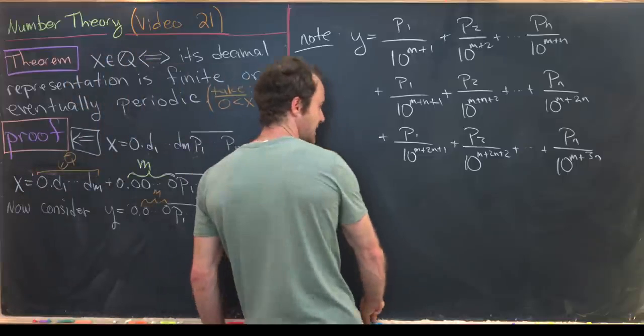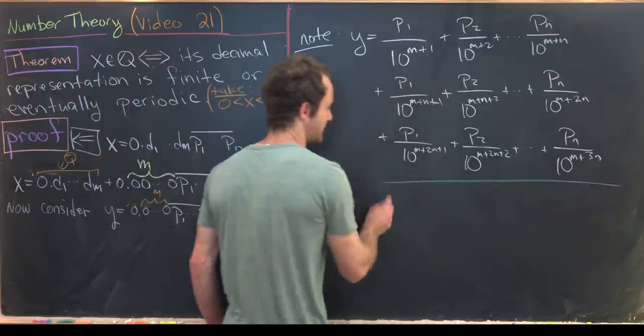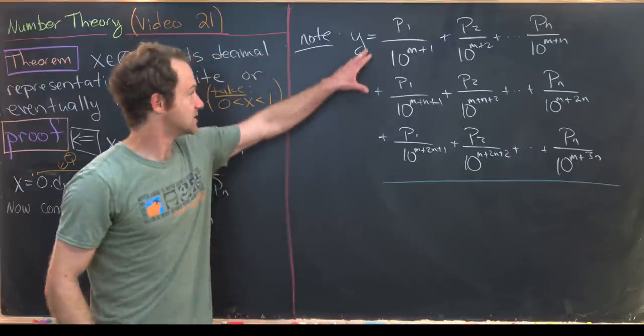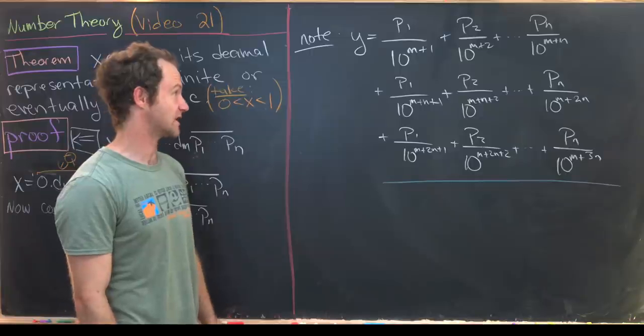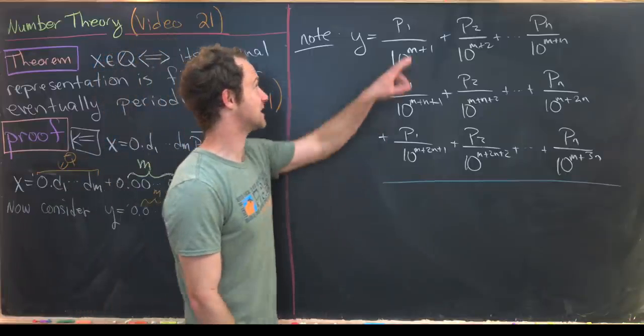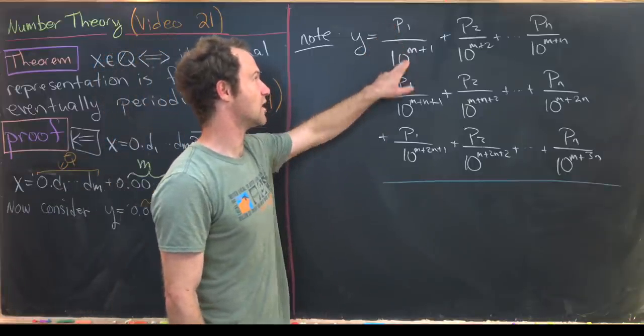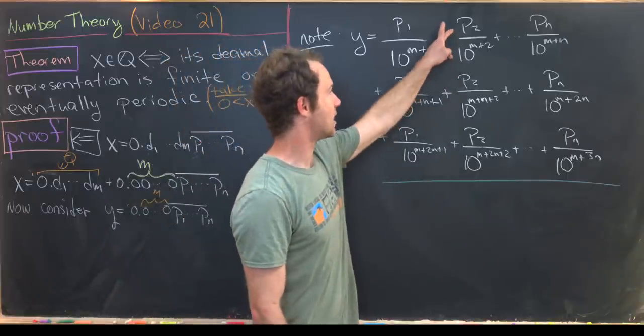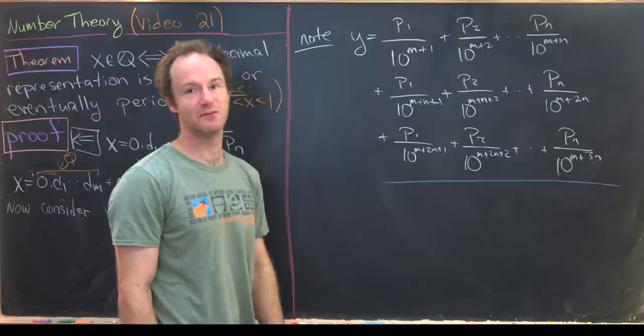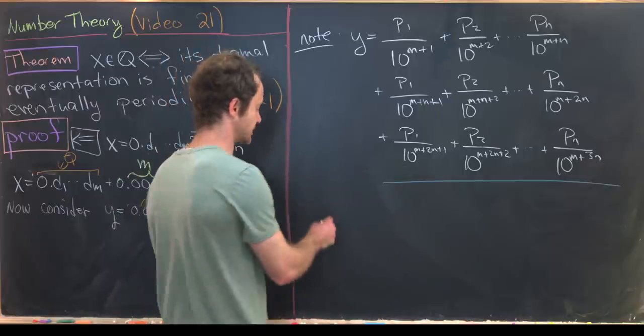So what I'll do from here is just sum each of these columns. So notice each of these columns has a common factor that can be factored out. And that common factor in the case of the first column is p1 over 10 to the m plus 1. In the second column, it's p2 over 10 to the m plus 2, and then so on and so forth.